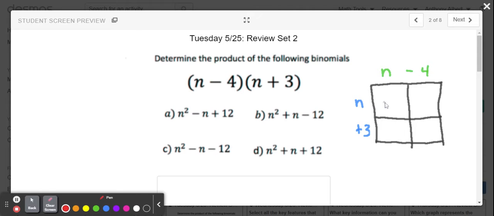So n times n is n squared. N times -4 is -4n. 3 times n is 3n. And 3 times -4 is -12.